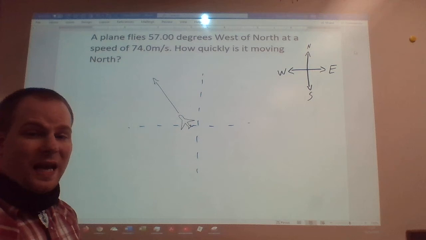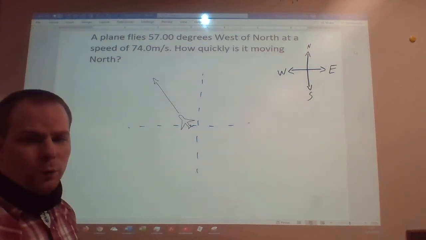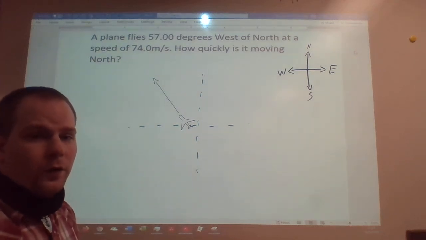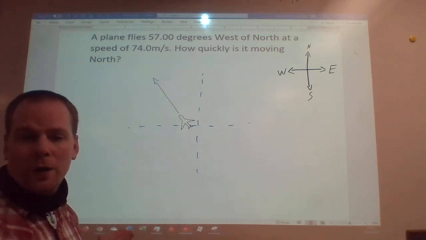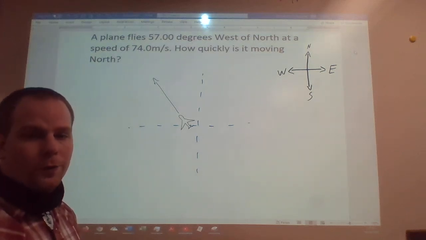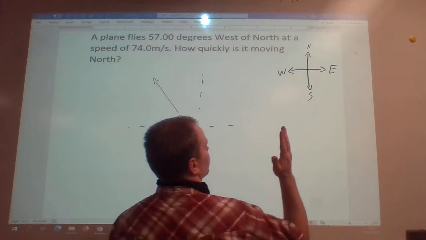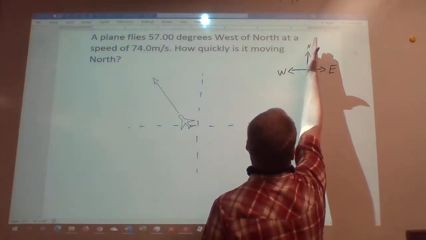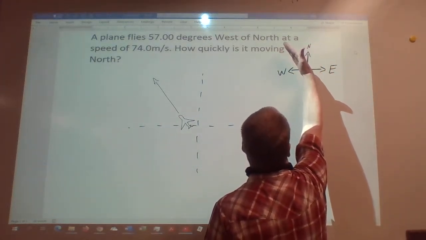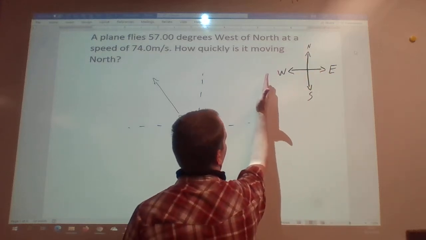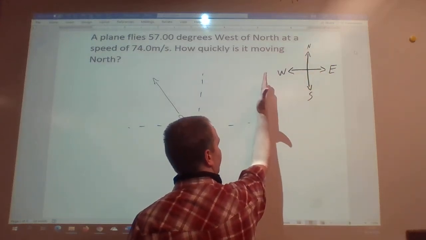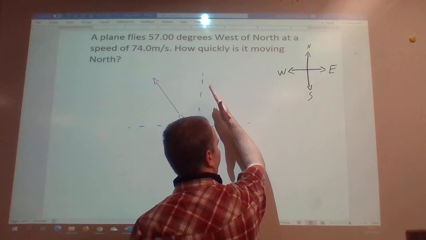Okay, the first thing we have to identify in this problem is what direction the plane is going. When it says west of north, north is your starting point. So we're traveling north, but we're traveling west of north. You see how that angle I'm moving my hand through? This is north, we're traveling west of north.